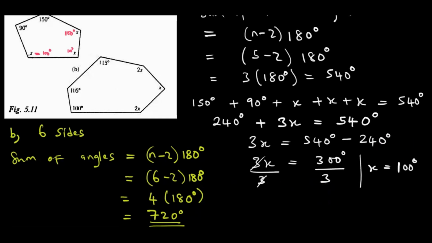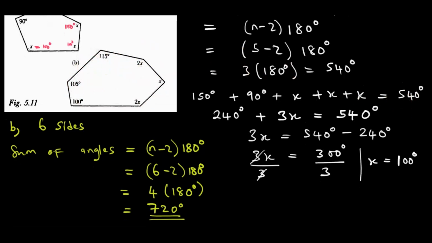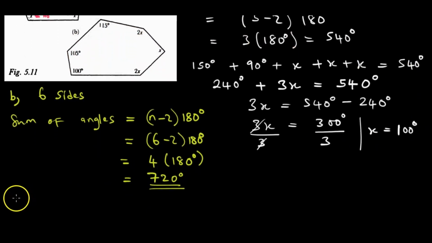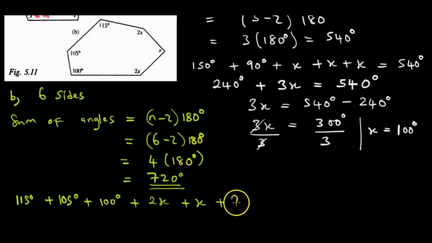720 degrees is the sum of each individual angle added up. So we are going to do the same: 115 degrees, 140 in this direction, plus 105 degrees, I meant plus 100 degrees, plus 2x, plus x, plus 2x. 1, 2, 3, 4, 5, 6, correct, is equal to 720.